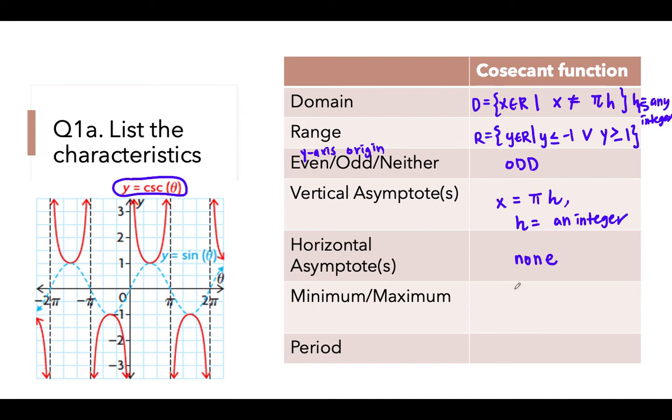So therefore, there are none. Period: one full cycle happens every 2 pi, one going up and one going down. So we say 2 pi.